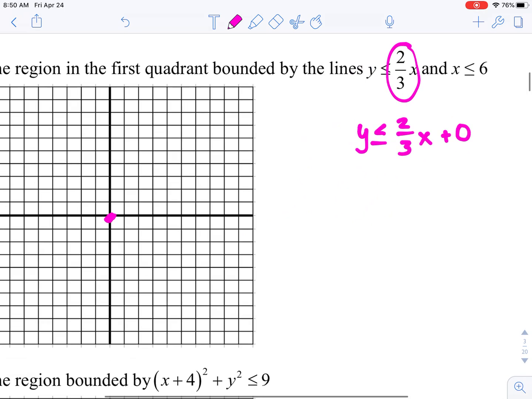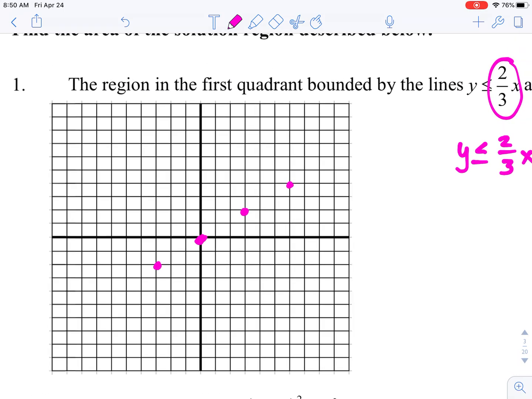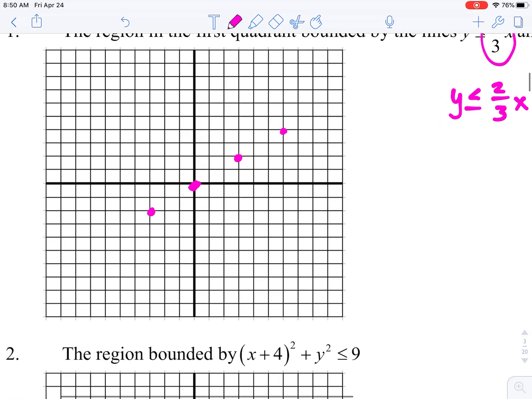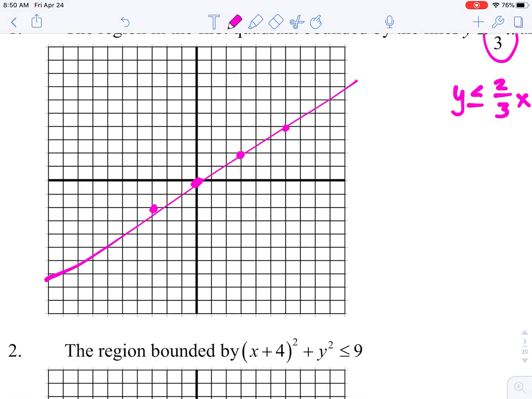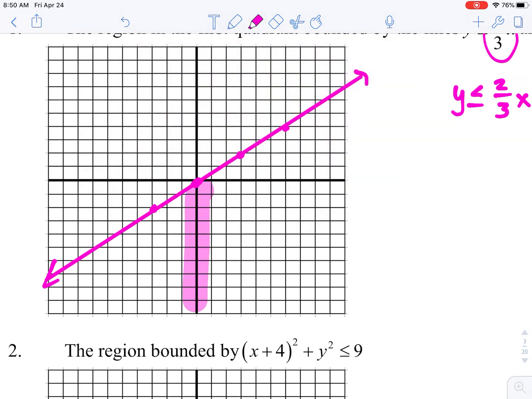So I have 0, and then I'm going to go up 2 over 3. And when we connect these dots, it says it's going to be with a solid line. And the shading, it says less than. Find where it touches the y-axis. Less than means I'm going to be going down. And we are going to shade below that line.